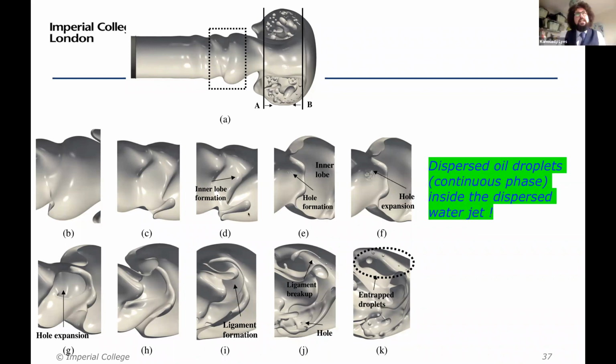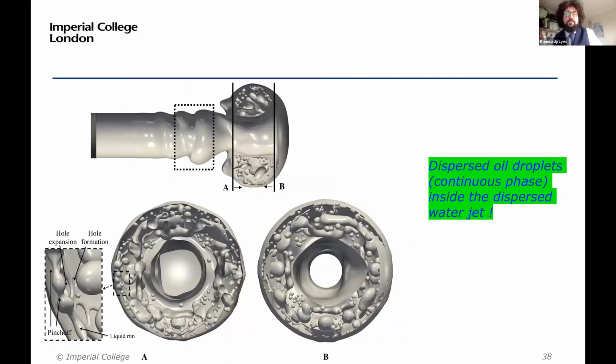And here you have oil droplets inside the mushroom, which is almost all of them. And in the core here, you have a lobe and you have a ligament, but inside the jet. And of course, this ligament will break up at some point and give you droplets. This is just to show you inside the mushroom.